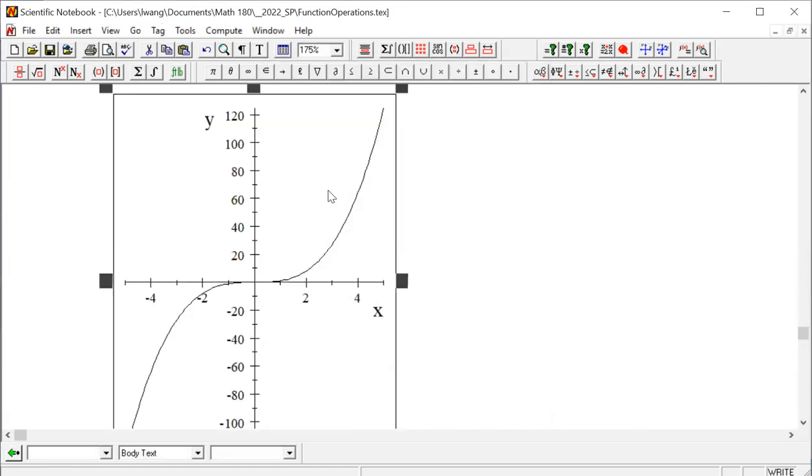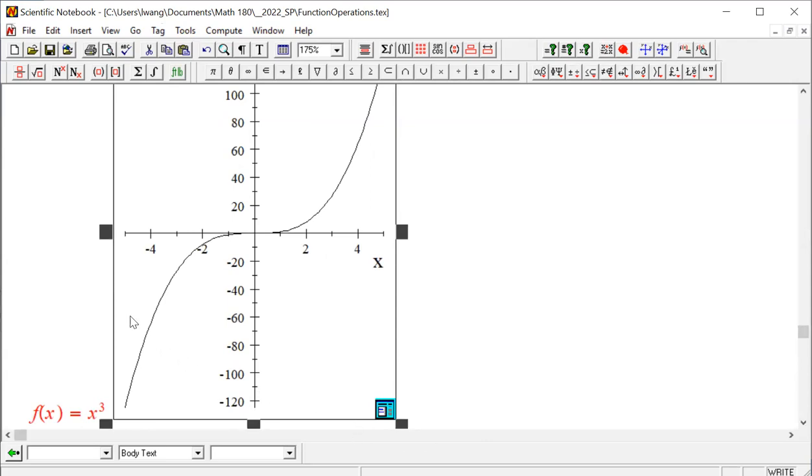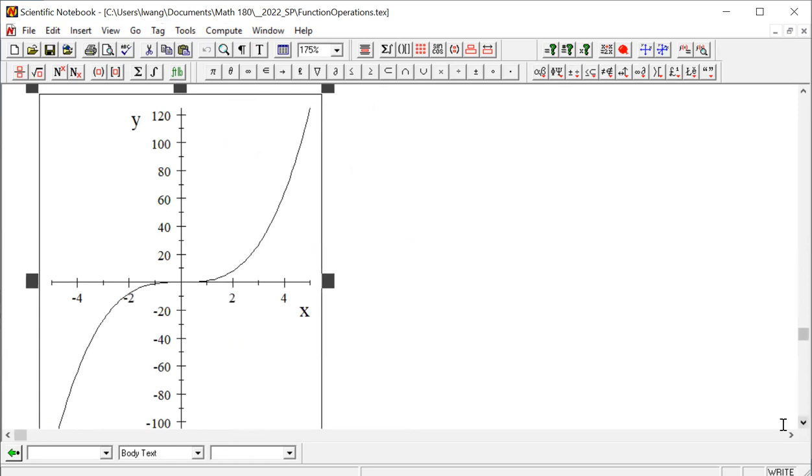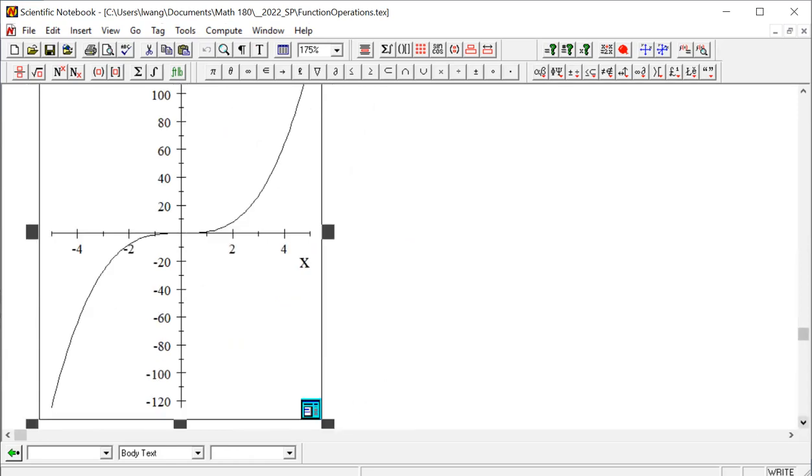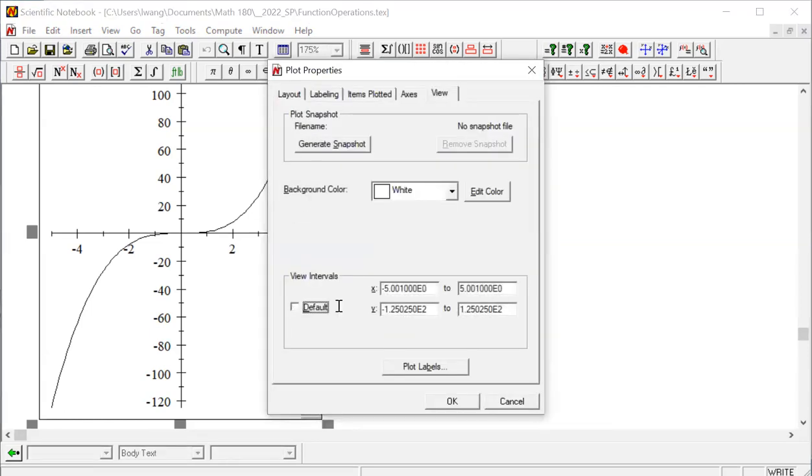That's the function. Let me make some adjustments, say negative 5 and 5, to see if that works.